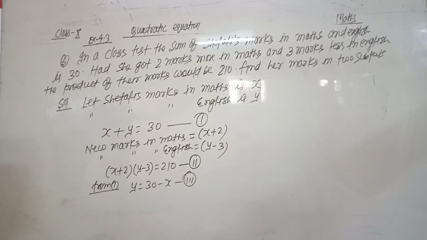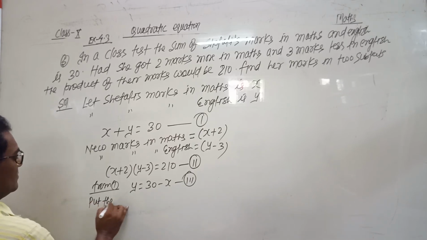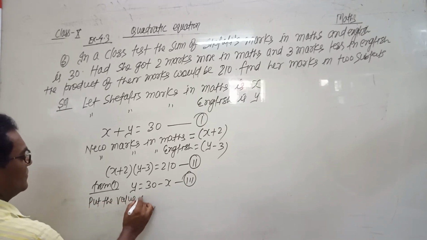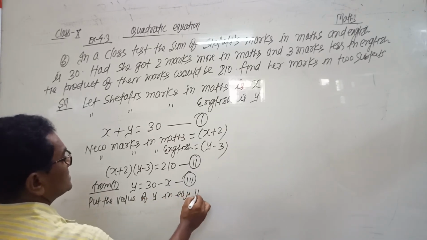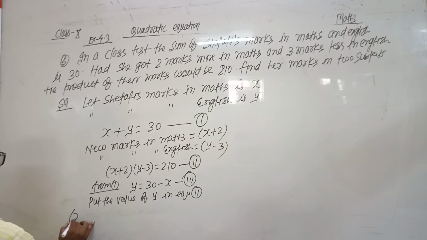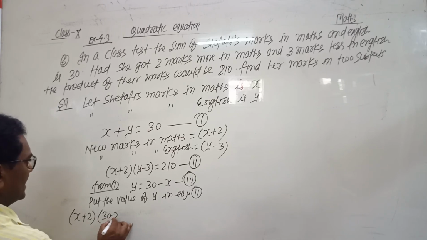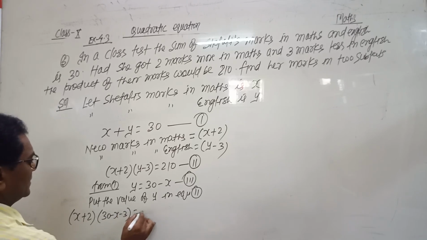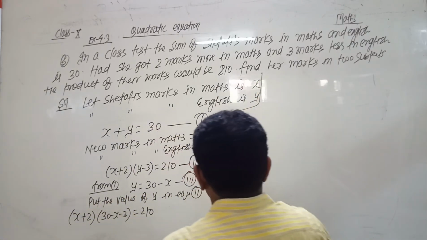And put the value of Y in equation second. So we get X plus 2 and, the value of Y being 30 minus X, minus 3 equals to 210. Now we solve.